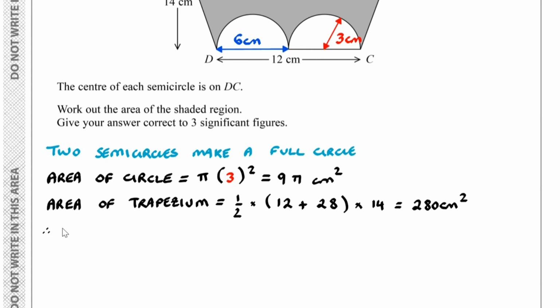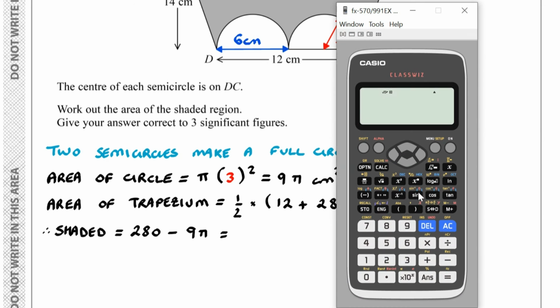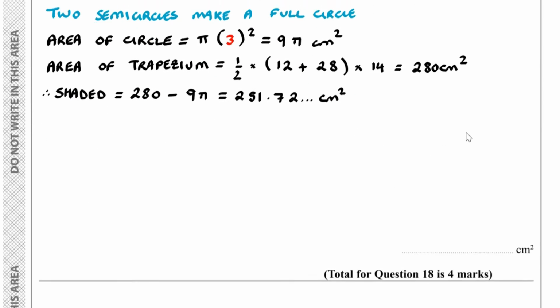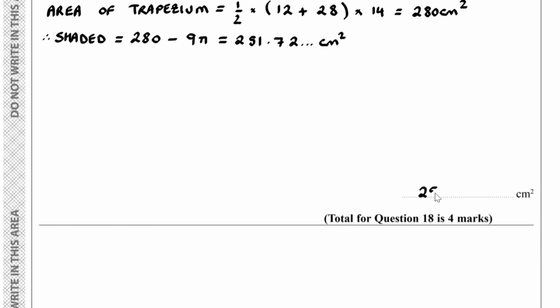And therefore, the shaded area is equal to 280 subtract 9 pi, and if we work this out, we get 251.72, etc. centimeters squared. So we've got 252 centimeters squared given to 3 significant figures.